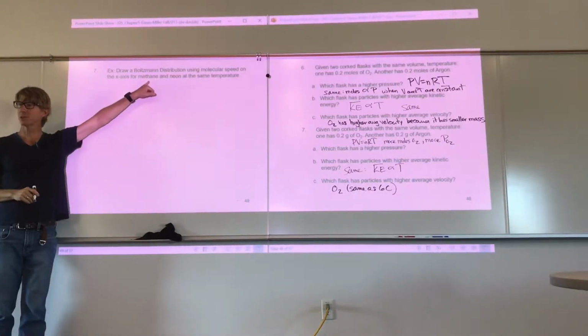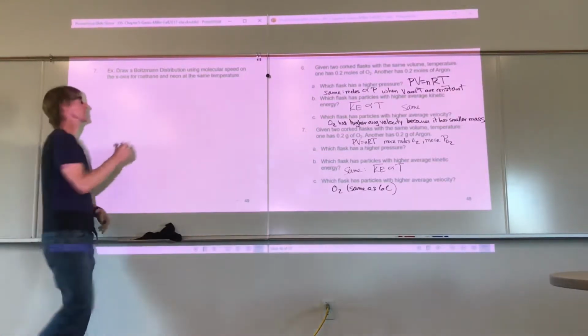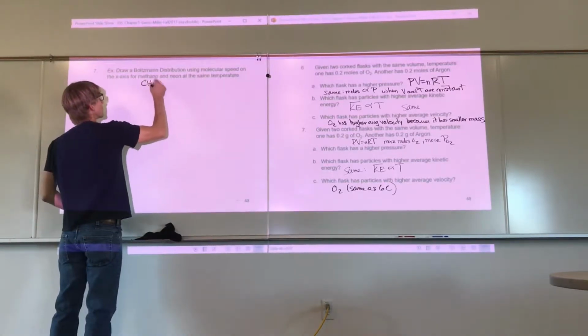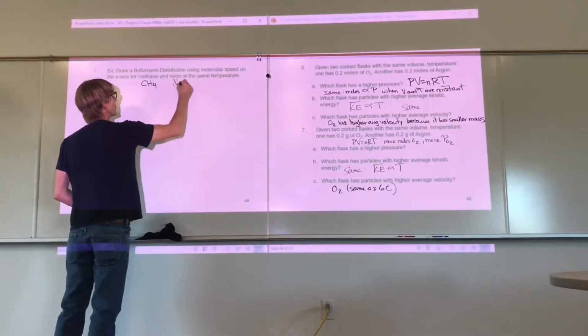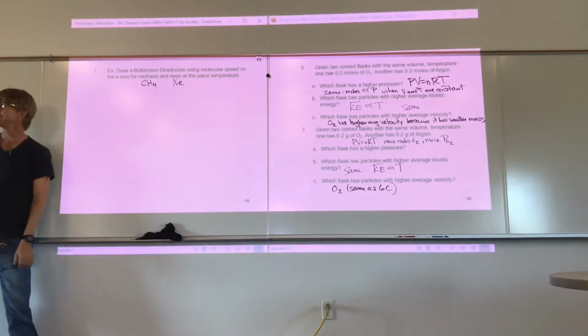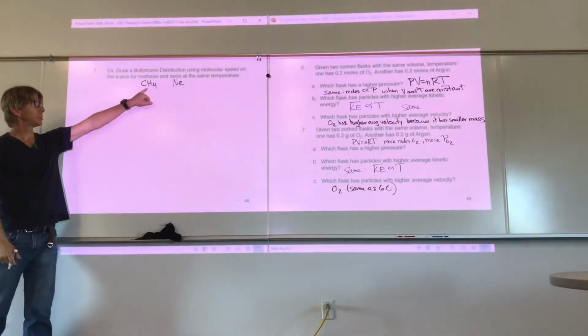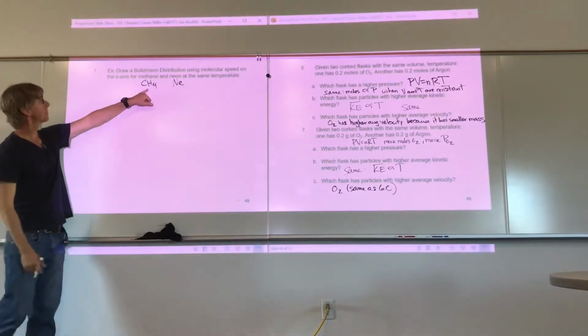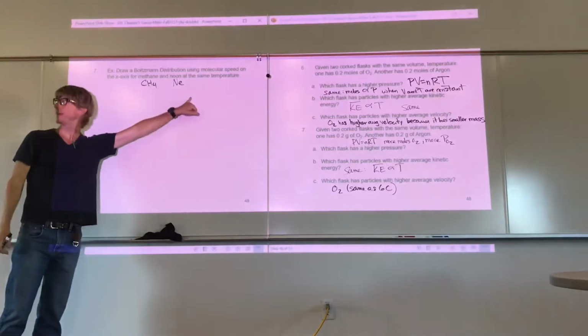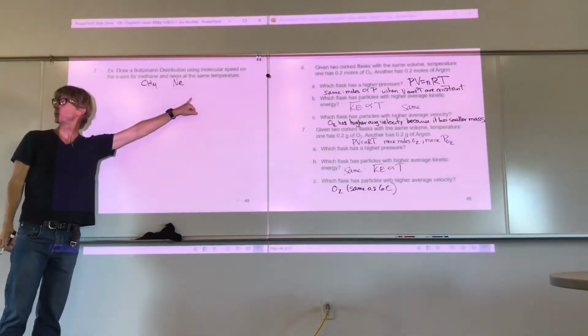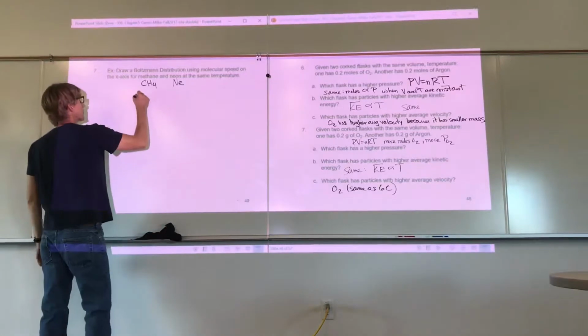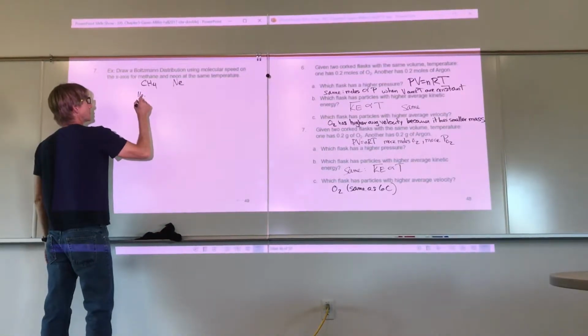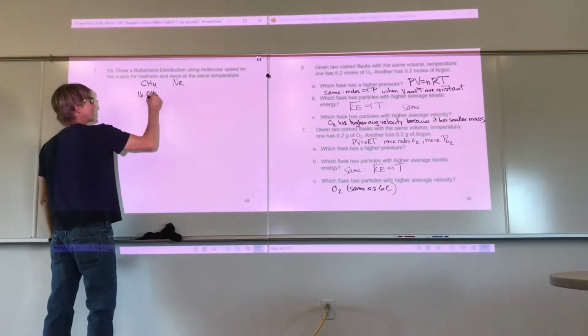Methane, well, if this was on your exam, I would give you the formula because there are no nomenclature questions on your second exam. Neon has a molar mass of 20.18. Methane, actually, I think it's 16.04.